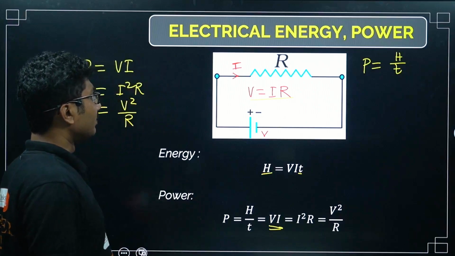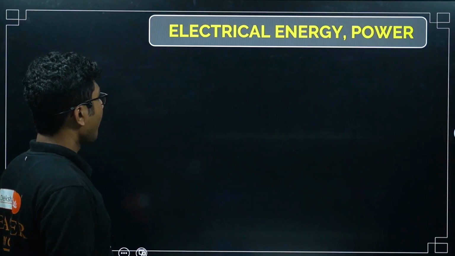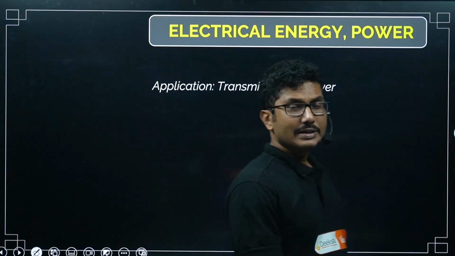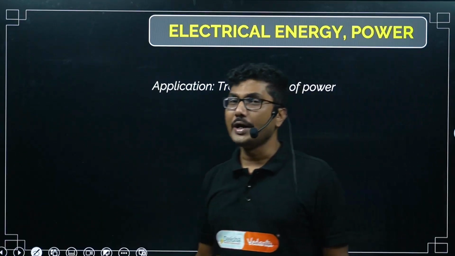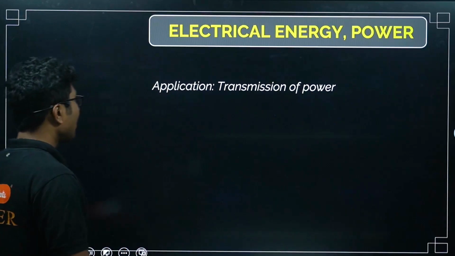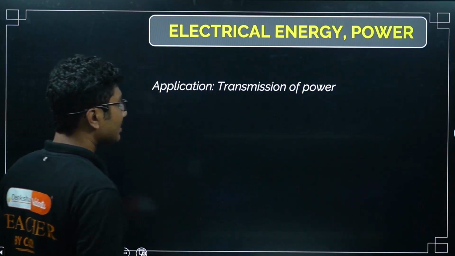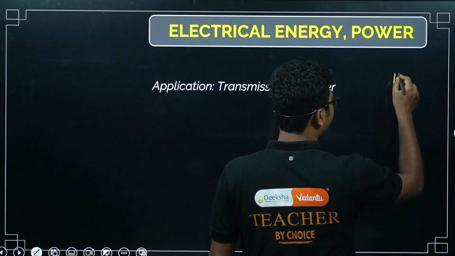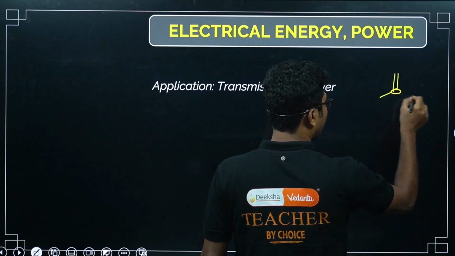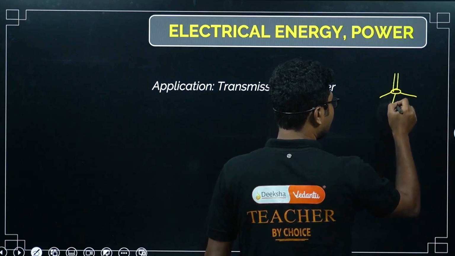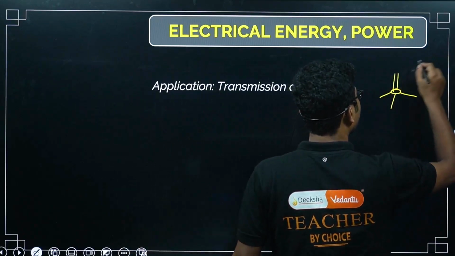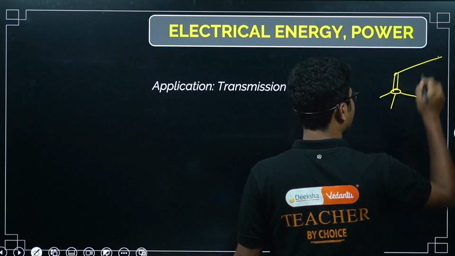Now, application. Where do we use this concept? First of all, when we are transmitting power. When we are transmitting power to some device, say you are running your fan in your home, your fan is rotating in your house, and some power station far away is supplying some power.